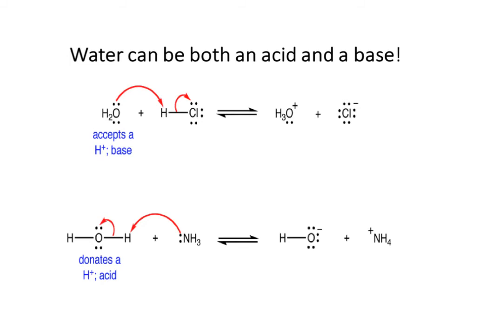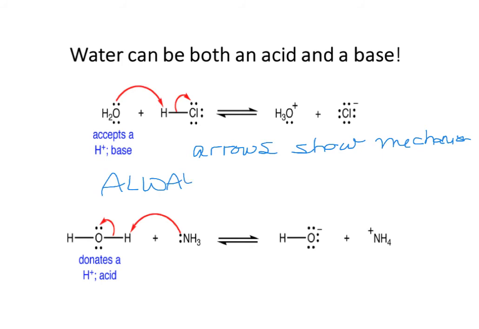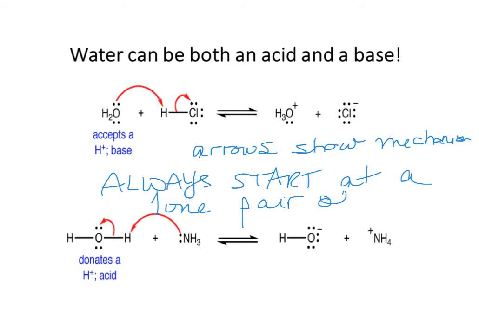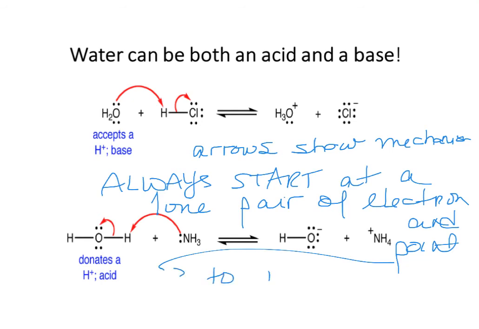There will be more down the line, is that arrows are used to show the mechanism of a chemical reaction, and they always, this is the most important rule, start at a lone pair of electrons, a non-bonding pair of electrons, and go to or point to an electron deficient atom.